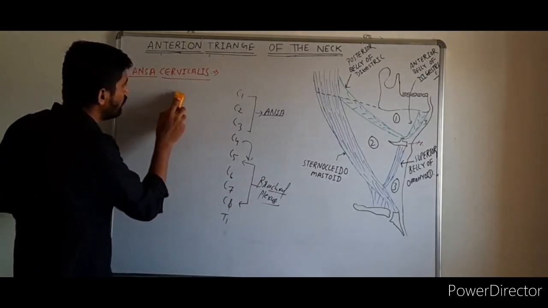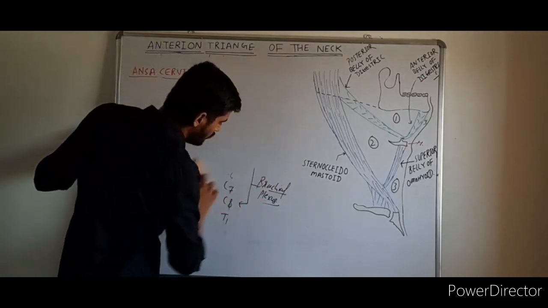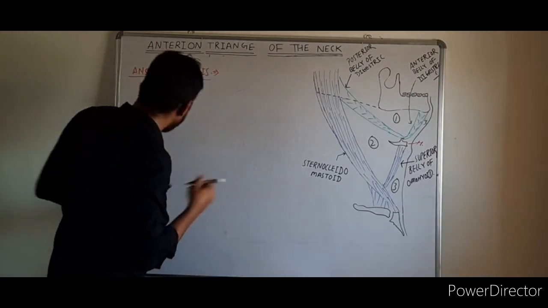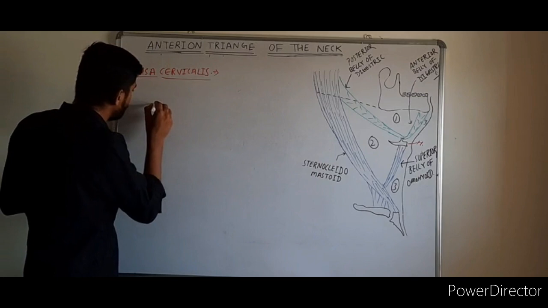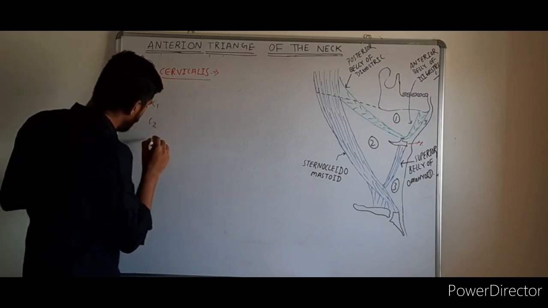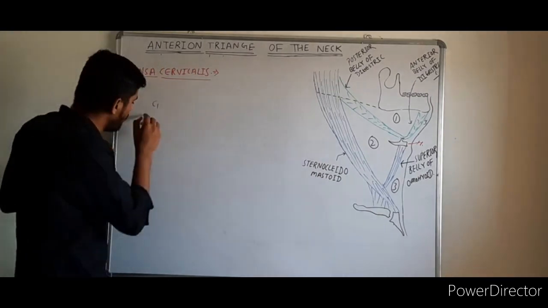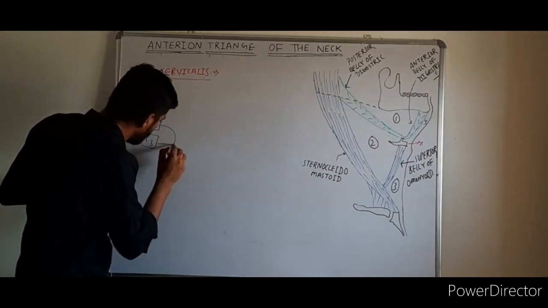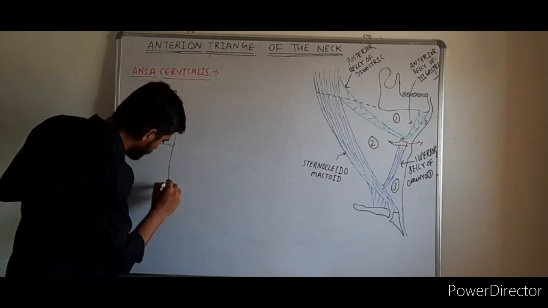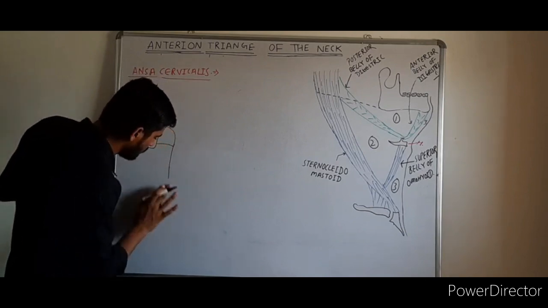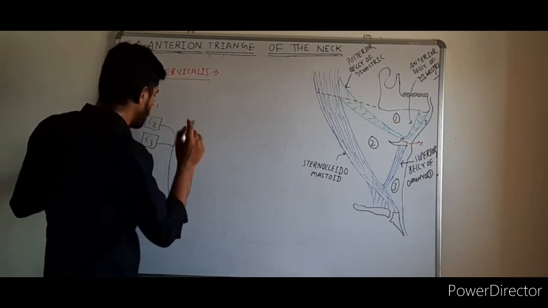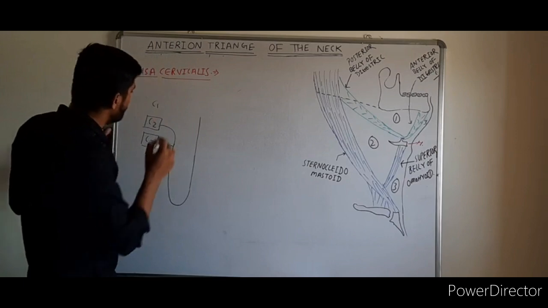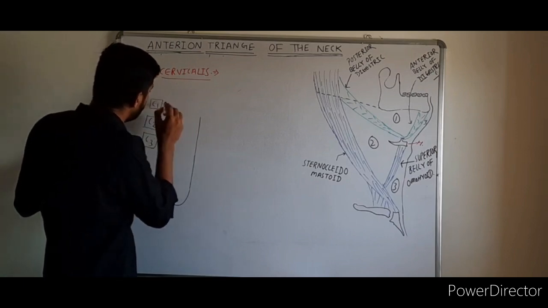So now we are going to read the ansa cervicalis. I am drawing here a diagram of the ansa cervicalis. C1, C2, C3. This C2 and C3 will join. It is like this, and this is the C1.